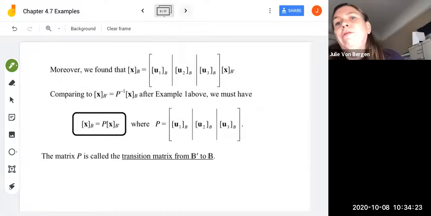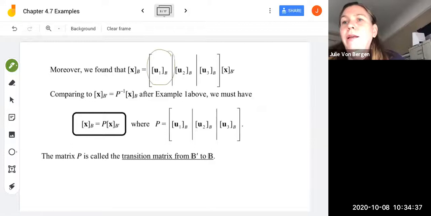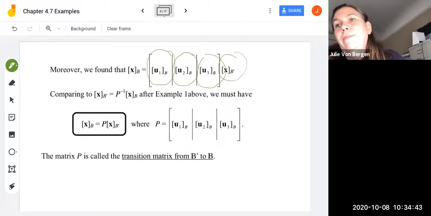Okay, and so in general, we found this relationship: if we take our basis and break it down into the pieces, this is U1, U2, U3, and the original basis multiplied by the set of scalars that we're using to help us transition.